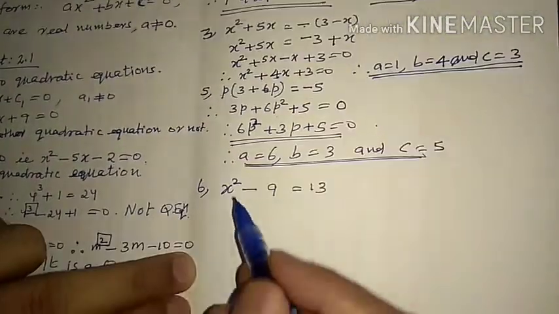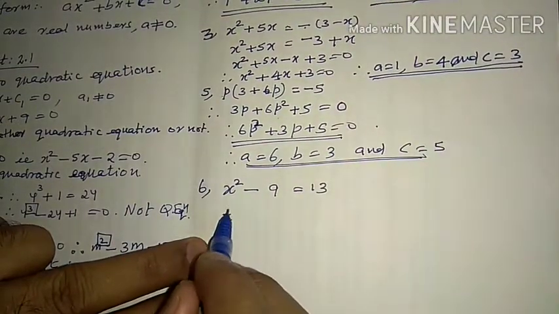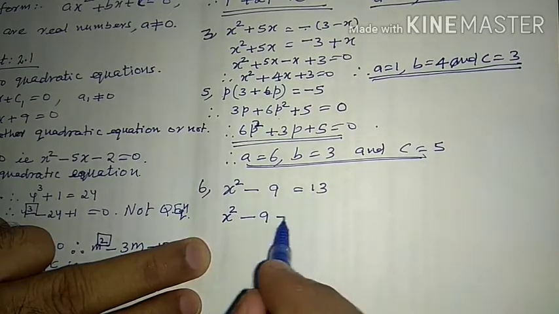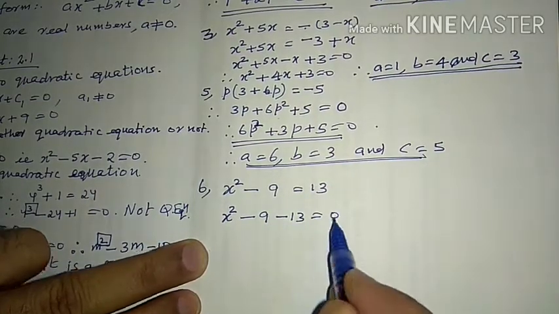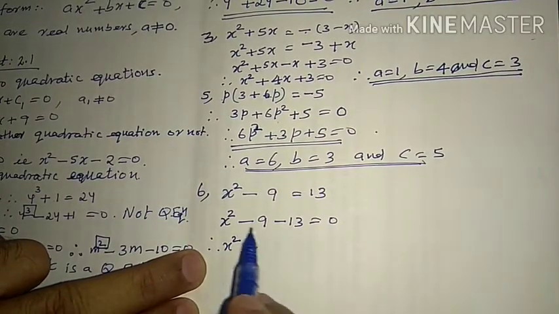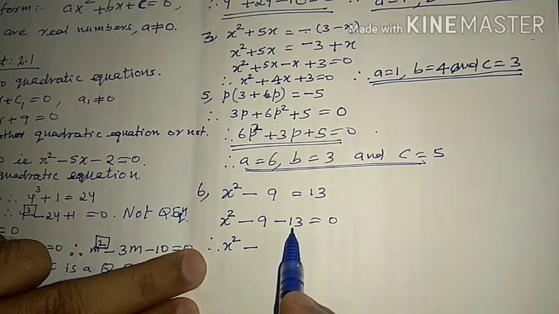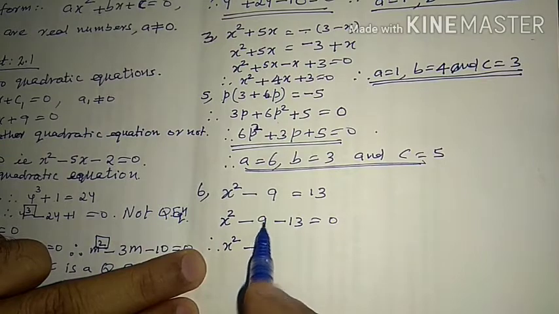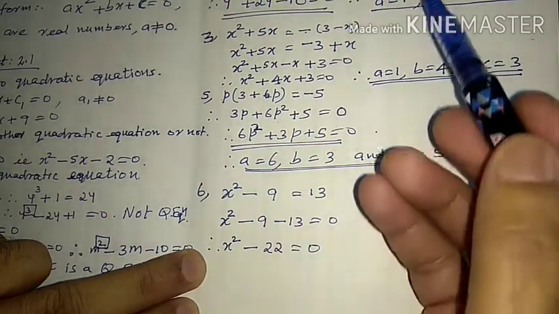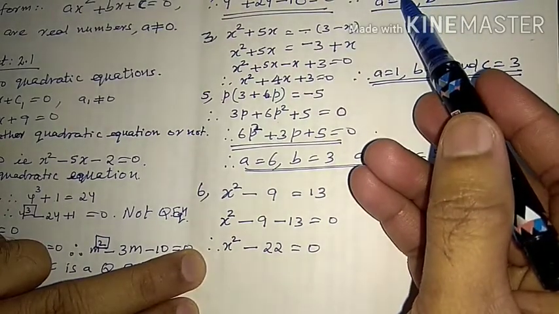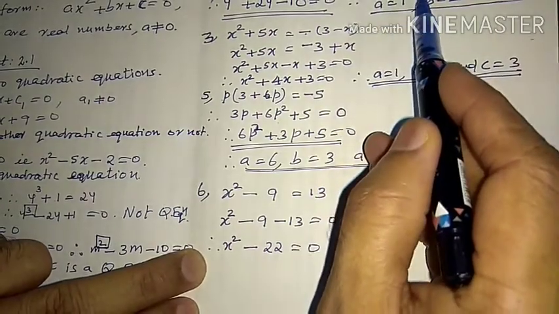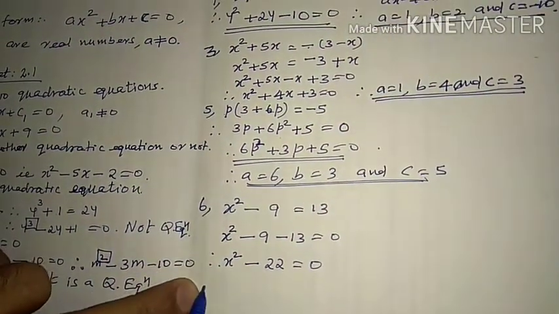Now this we have to write in general form. X square minus 9, plus 13 comes to this side, minus 13 equal to 0. X square, both are minus, 13 plus 9, 22 equal to 0. But we want the general form, like x square plus bx plus c equal to 0, like x square, x, constant equal to 0.